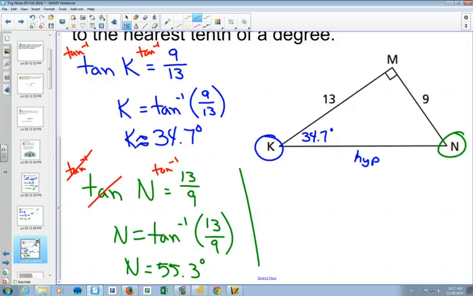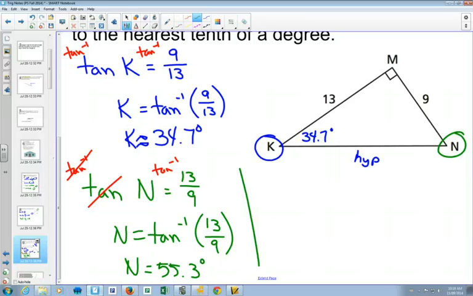What's another way that we could find angle N once we found out that angle K was 34.7? Ethan. Right. All the angles in the triangle have to equal 180. You're going to start to do, mathematically, if this one's 90, these two have to add up to 90 as well.